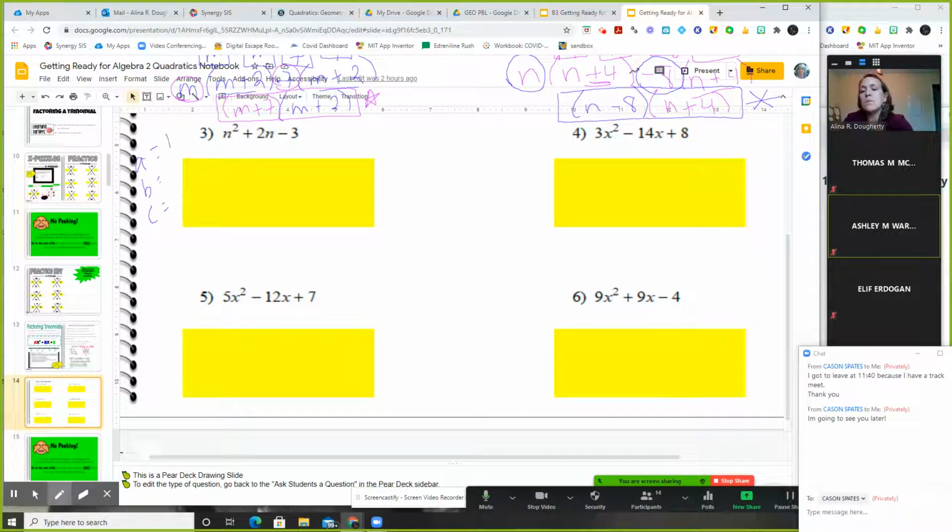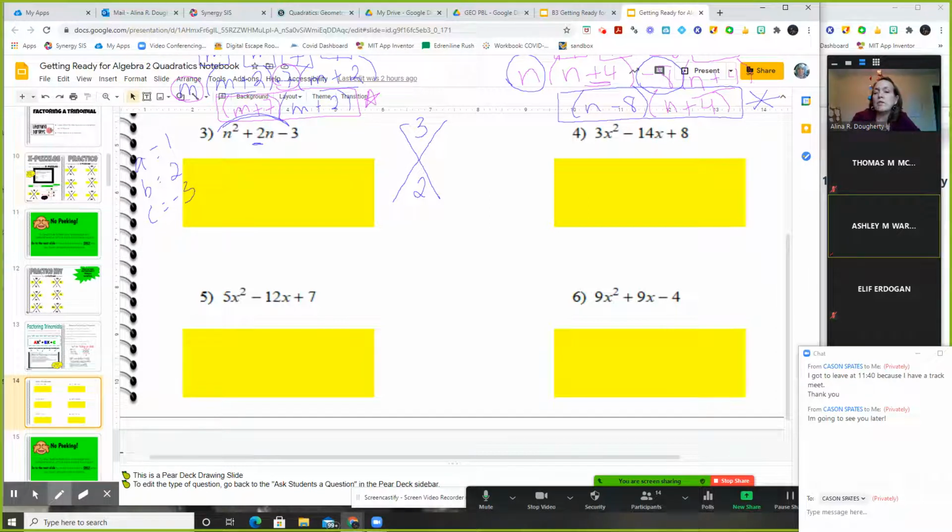The A is 1, the B is 2, the C is -3. What do I put in my X puzzle? What goes to the top? -3, absolutely. And then what goes to the bottom? +2, for sure.